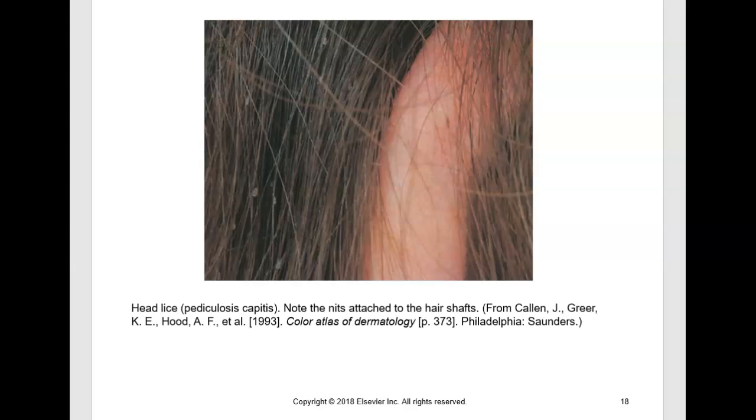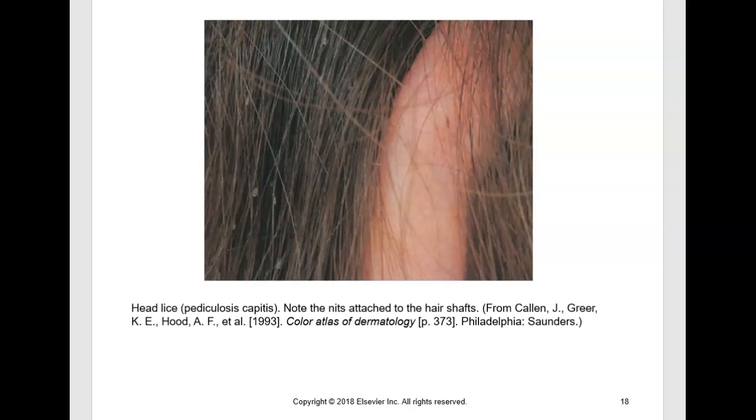You want to make sure that the treatment is left on for about 10 minutes and that the hair isn't shampooed for 24 hours after treatment. Even though the kill rate's high, there's a residual action, and patients should treat the hair again after 7 to 10 days. So it's important to recognize that it's a two-phase treatment. Because of the lack of residual activity, treatment with these products must be repeated 7 to 9 days after the initial treatment.